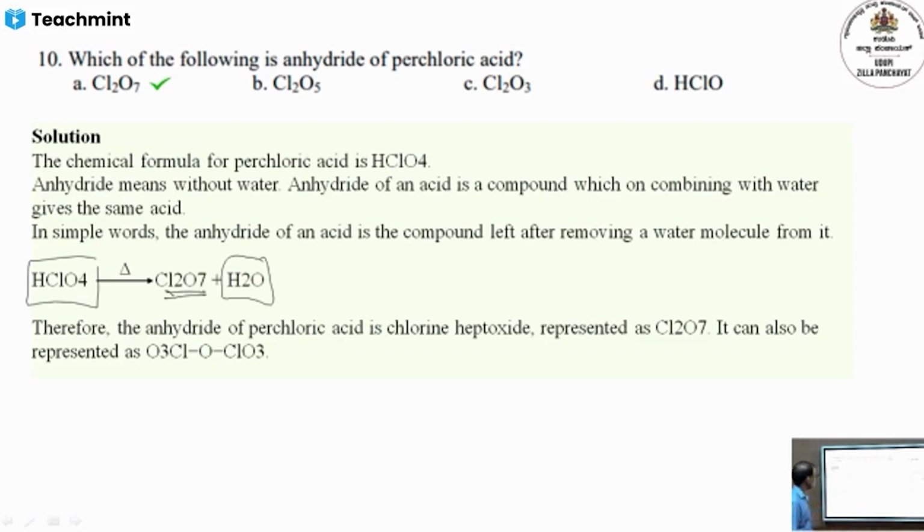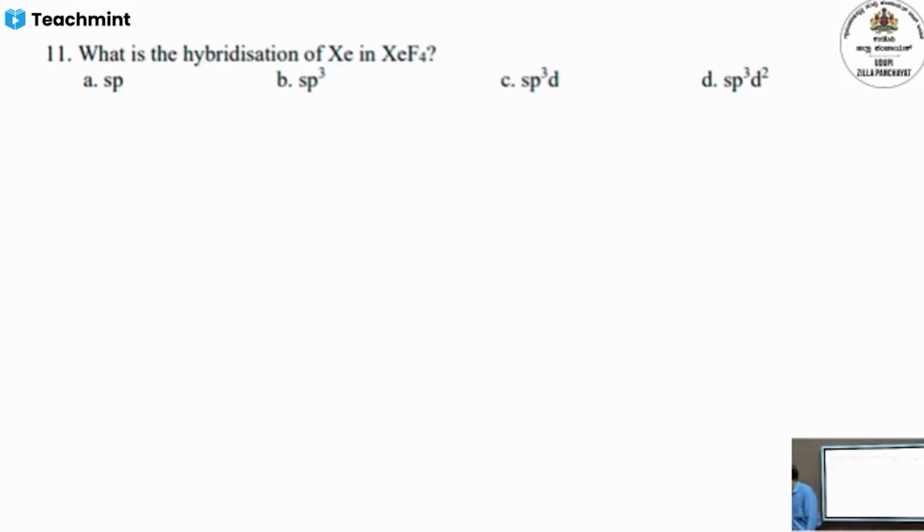And the next is, what is the hybridization of xenon in xenon tetrafluoride? Once again, you have to look into the number of unpaired electrons there, and also the number of bond pairs, and you will get that it is sp3d2, because sp3 will give 4 orbitals and d2 will give 2 more, so in total it becomes 6 orbitals there.